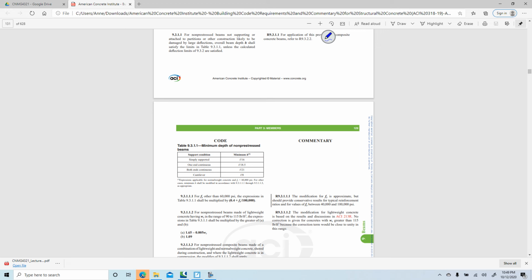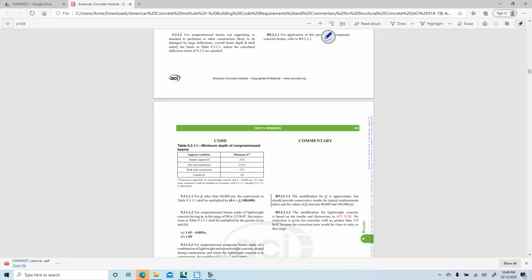Your minimum height is based off of your length. Length divided by 16, divided by 18.5, divided by 21. If you recall from steel, oftentimes your deflection sometimes dictates your design. The strength might be fine, but the deflection. So notice that this is all based on deflection.